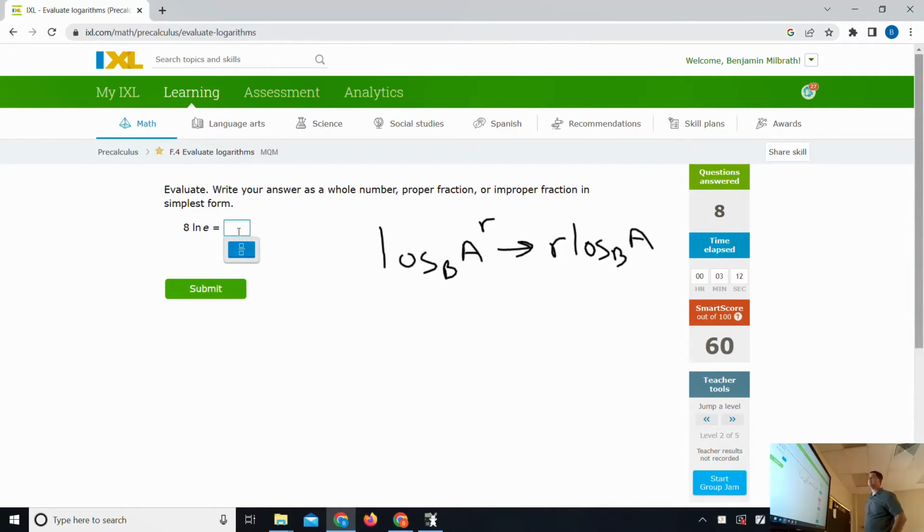This is called rewriting exponents as factors because you can shift it out front. So this 8 natural log of e becomes natural log of e to the 8th. They want to know what it's equal to.